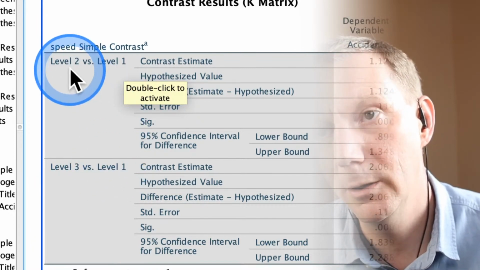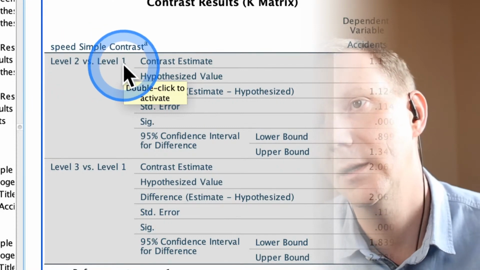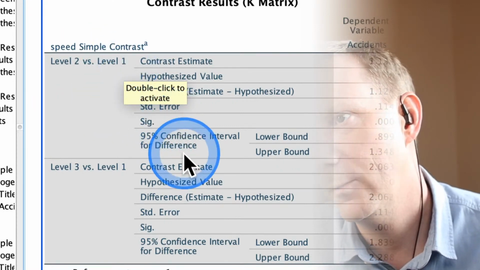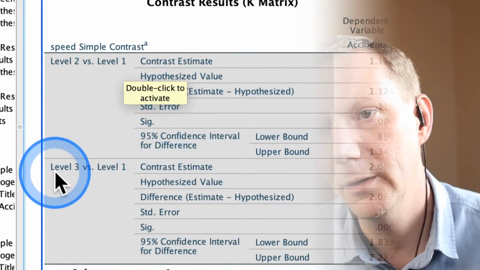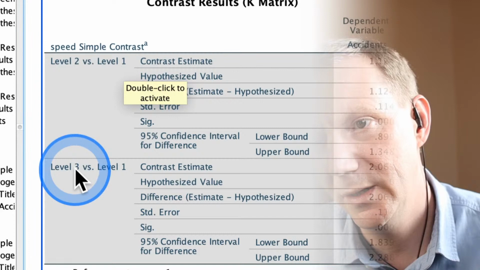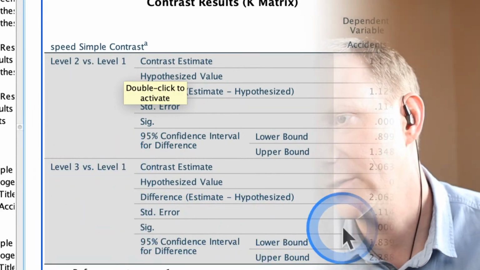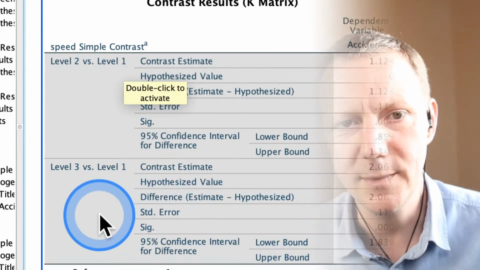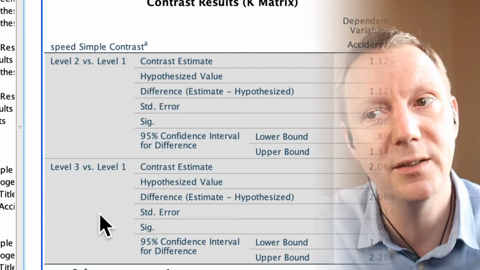So we're now looking at the difference between a little bit of speed use with no speed use, and that one is significant. And we are looking at the difference between a lot of speed use and no speed use, and not surprisingly, this is also significant. So this is what the difference in the two contrast types tells us.